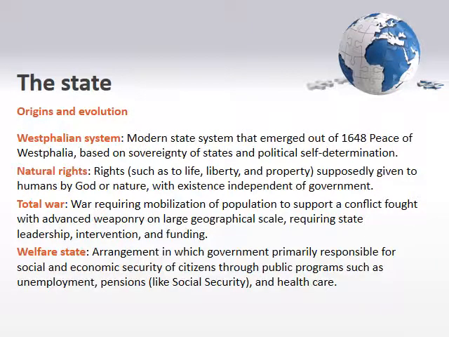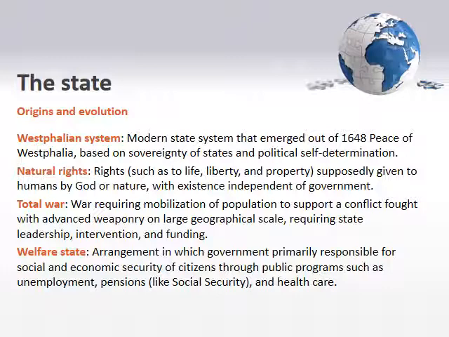Let's discuss where this concept of the state comes from. There have been aspects of the state that have existed since the ancient world, but the modern state emerges out of the Thirty Years' War and the 1648 Peace of Westphalia, and the idea that these territorially defined states have leaders with sovereign authority within their states.